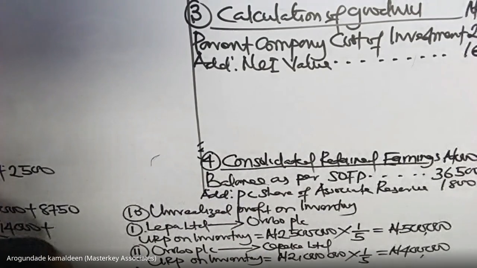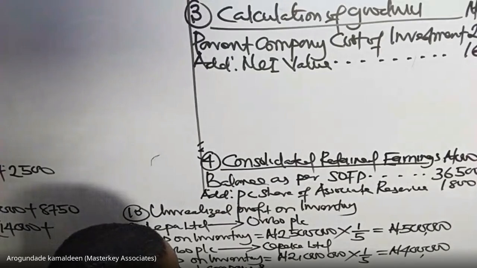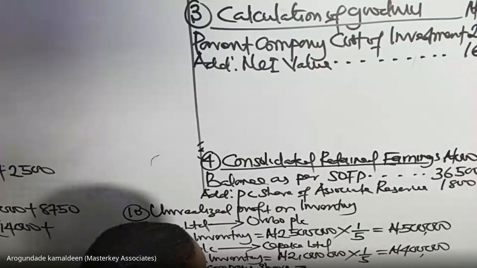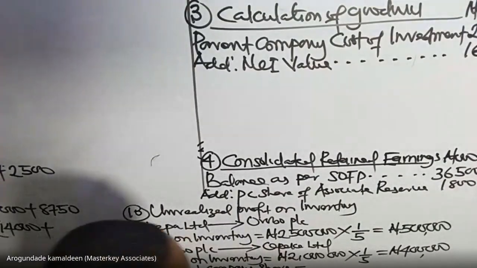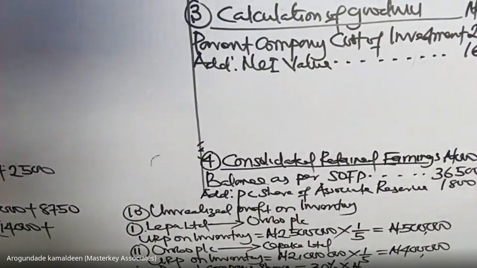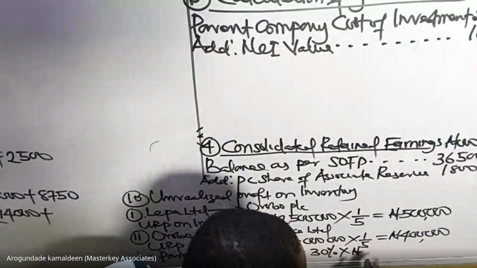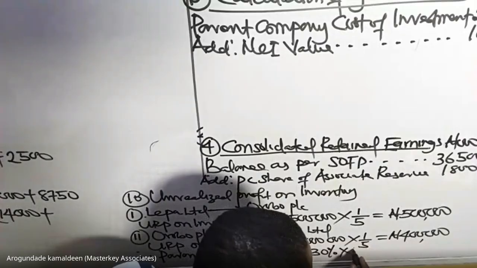Therefore, the parent company portion will be, here I'm having 30% in associate, of 400,000.